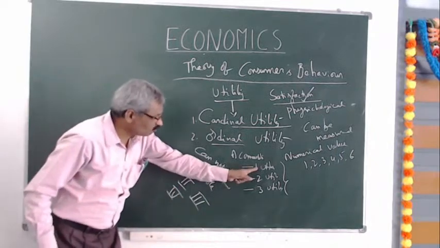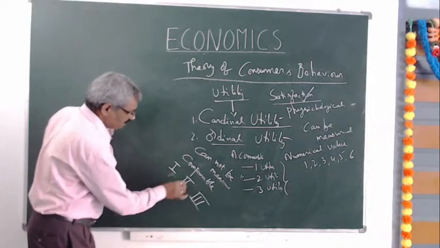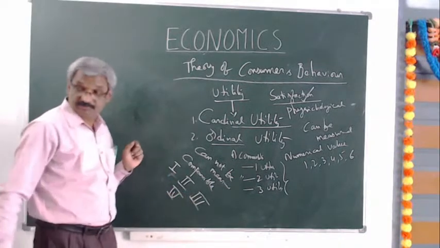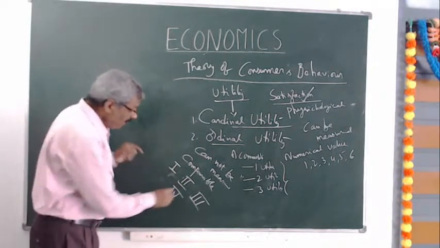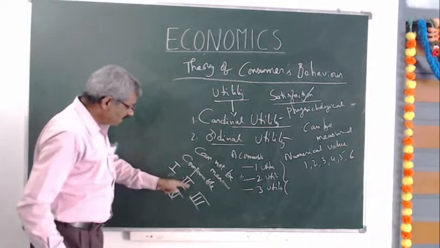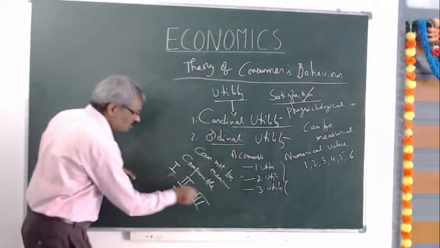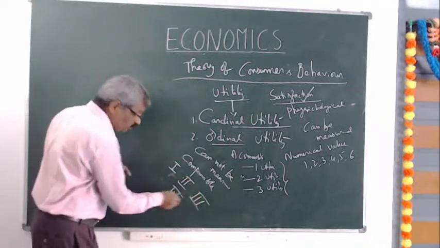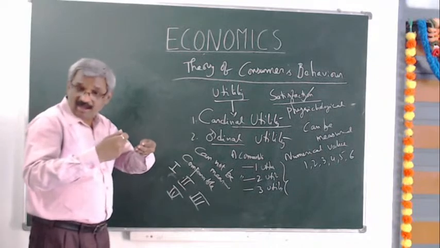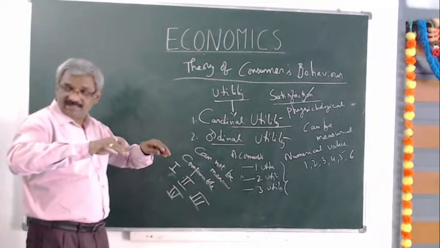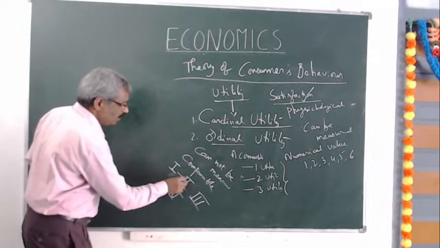These are numerical values 1, 2, 3, 4. But the first, second, third and fourth are comparable: first to second, second to third, third to fourth, or 1 to 4, or 2 to 3. The satisfaction from commodities is different, but it is comparable.